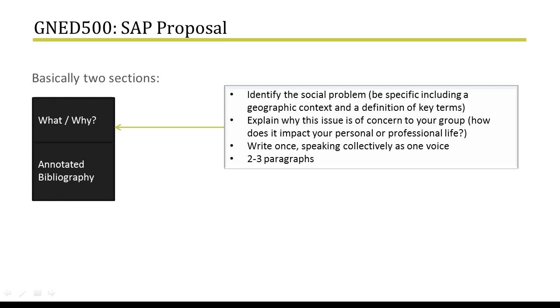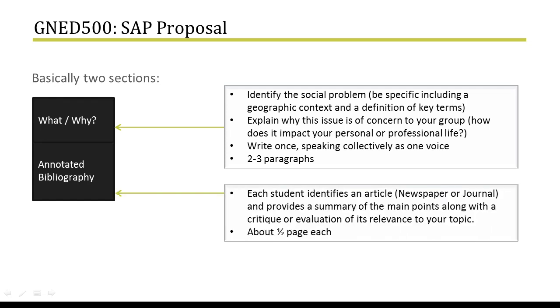I'll give you a very specific look at that in a moment, but very generally, each student in the group is going to identify a separate article that is relevant to the focused social problem that's been identified. You're going to provide a summary of the main points, as well as critiquing and evaluating that article and its relevance to your topic.